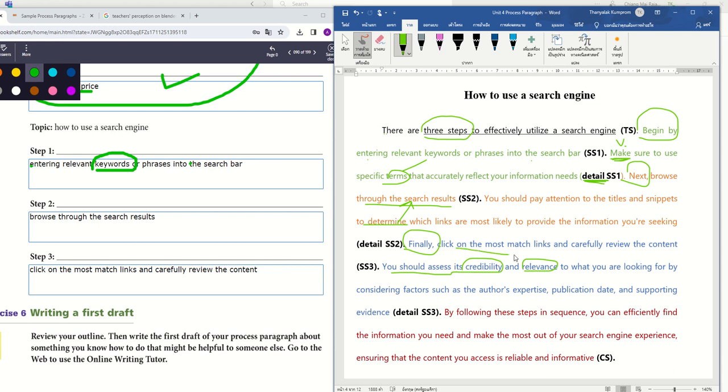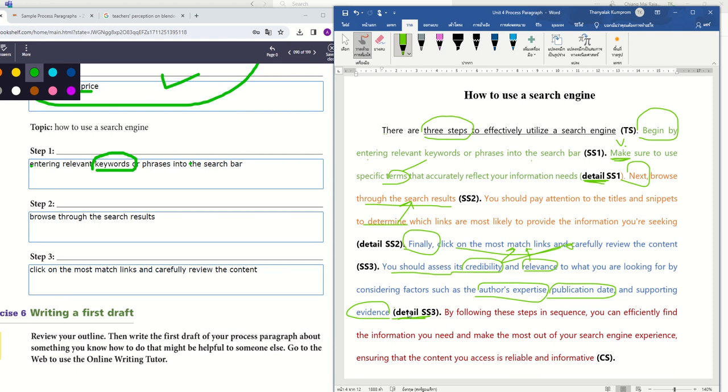Make sure it is the most matched link and carefully review whether it is relevant and trustful or not. You need to think about the author's expertise, publication date, and other evidence from that link or from that website. This is the detail of supporting sentence number 3.